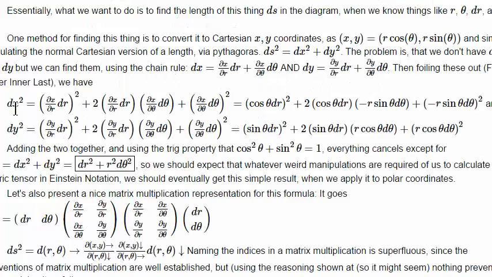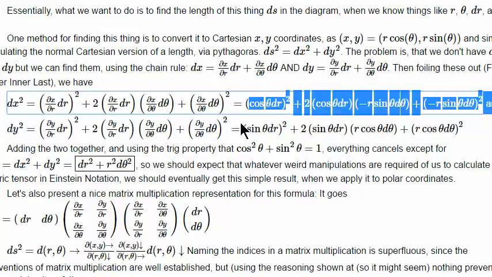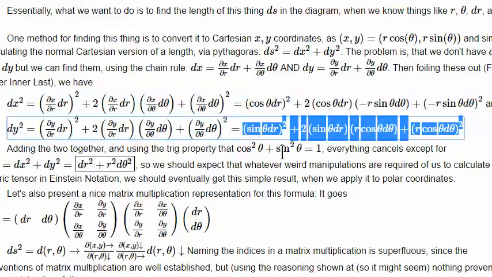Now it would take a little bit of time to actually do all of this, but since x is r cosine theta, del x del r is cosine theta. Since x is r cosine theta, del x del theta is like minus r sine theta or something like that. Anyway, if you actually add this together with this, the trig properties cancel out.